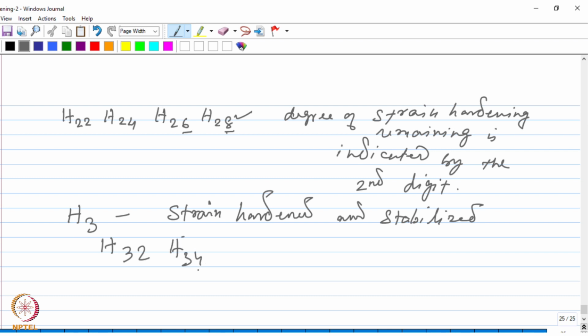And you have similar second digits here also. And in this case, the second digit indicates the strain hardening remaining after the stabilization operation.